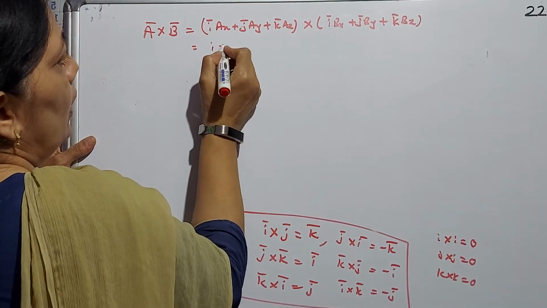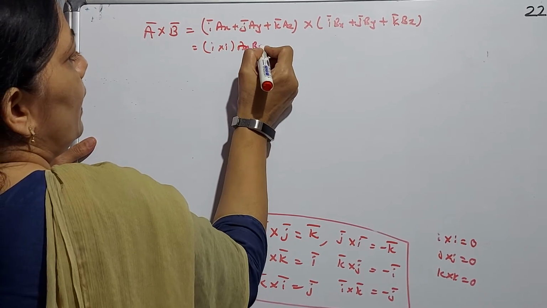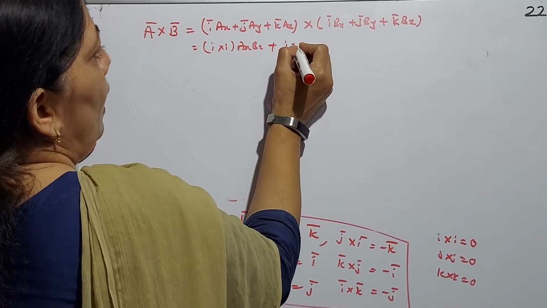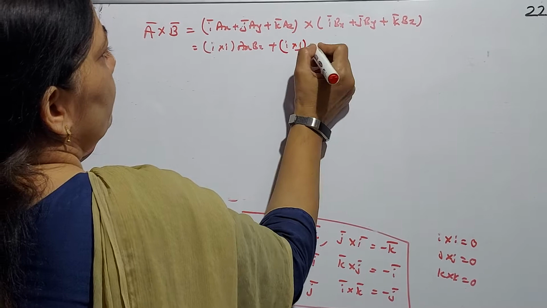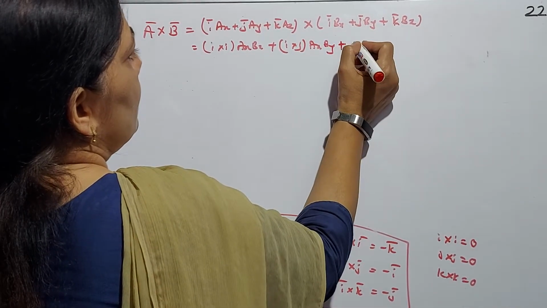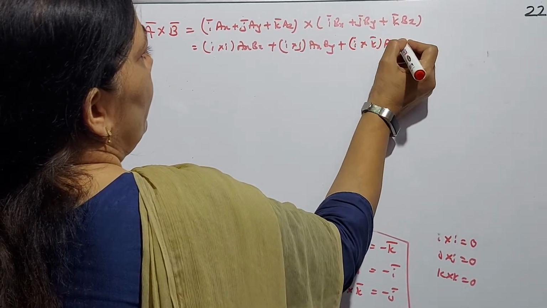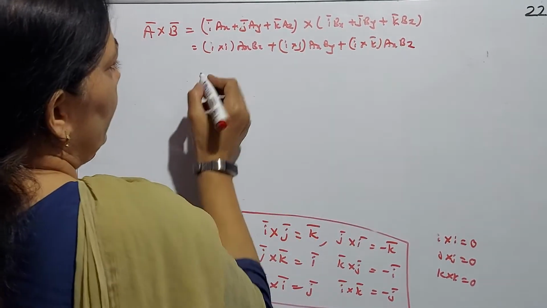So I'll write I cross I AX BX plus I cross J AX BY plus I cross K AX BZ, correct?